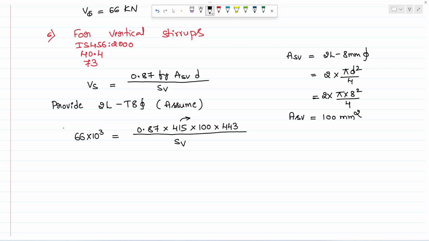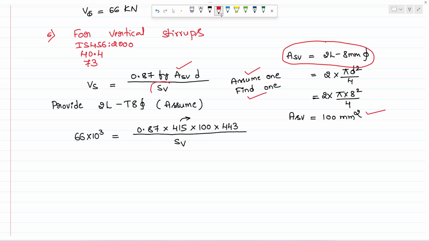Here you need to assume one and find one, for which I assumed ASV. I am using two-legged 8 mm dia vertical stirrups. So ASV comes out to be 100 mm square. So I will assume ASV and I will find SV here, which means spacing.